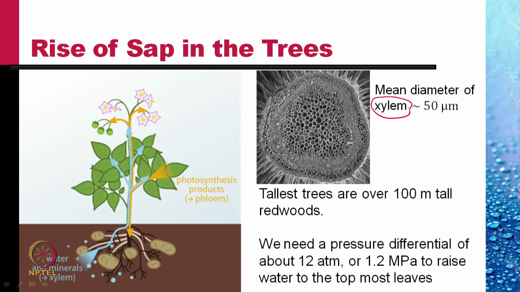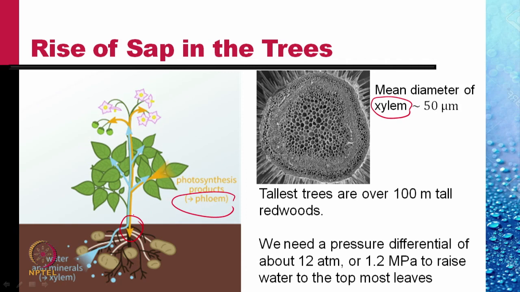The products of photosynthesis travel down through a system called phloem, shown here with yellow arrows flowing down.